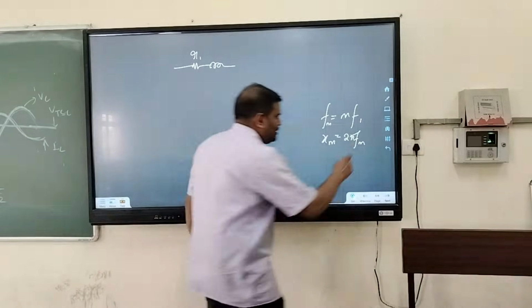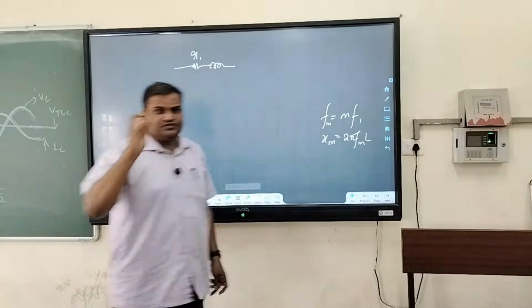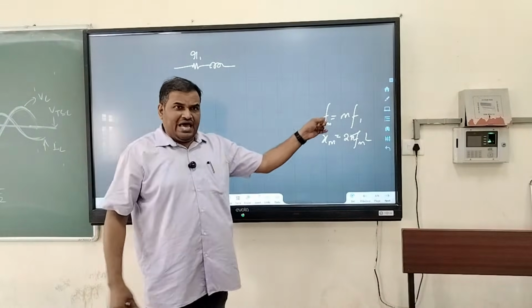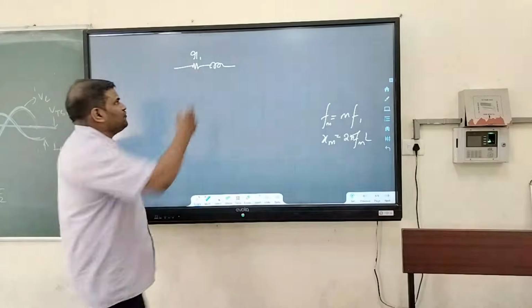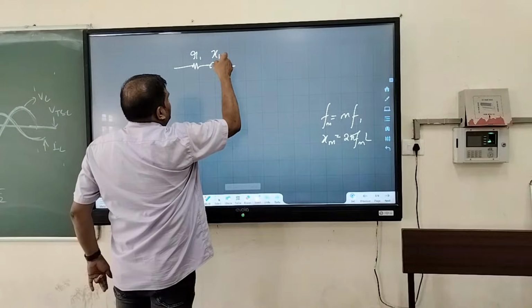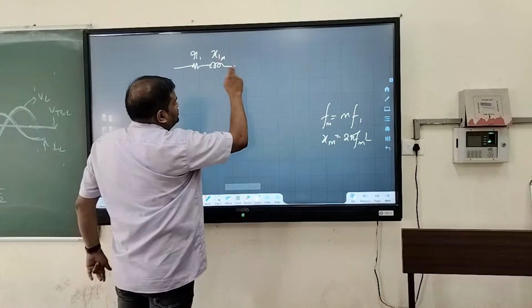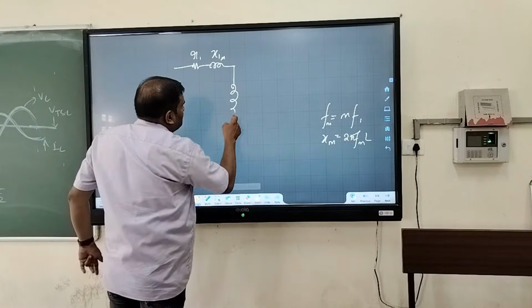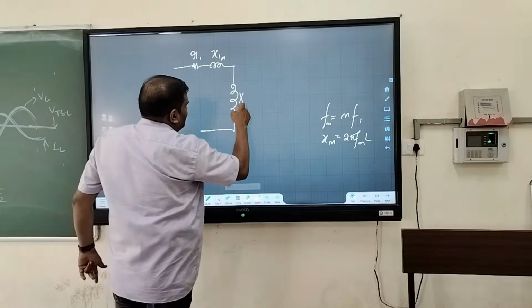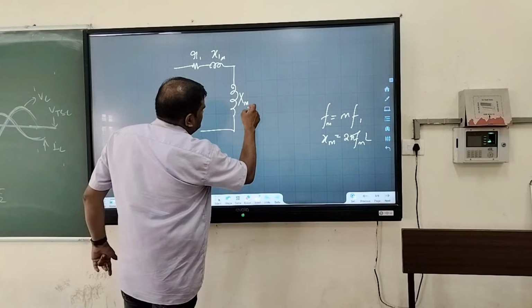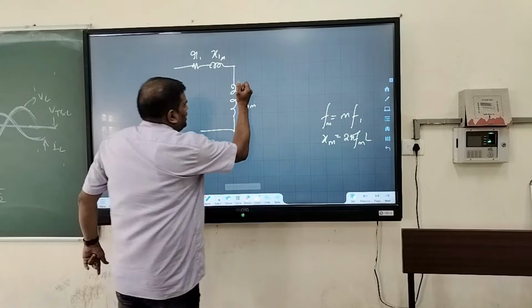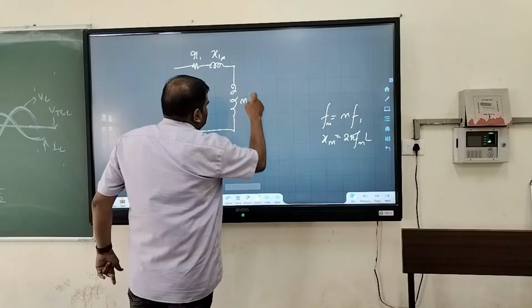Into L. L is constant. So if frequency increases, Fm will increase, and so Xm will increase. So we will write here X1m. Usually we say Xm, this is m. For the frequency it is okay, we will say m times of X1.